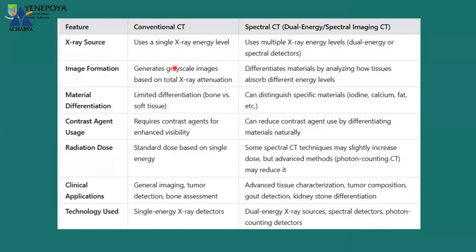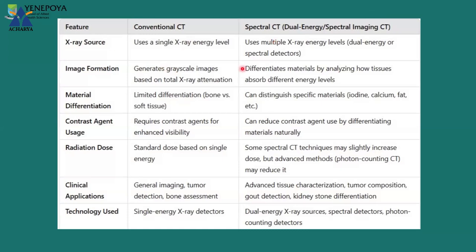But in spectral CT, you can use a dual source, or a single source which is capable of producing energies at different levels. That is one of the differences between spectral and conventional CT.